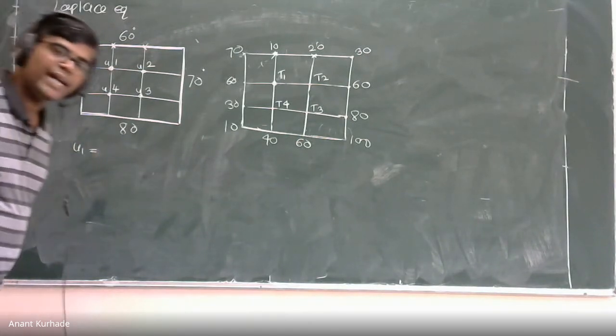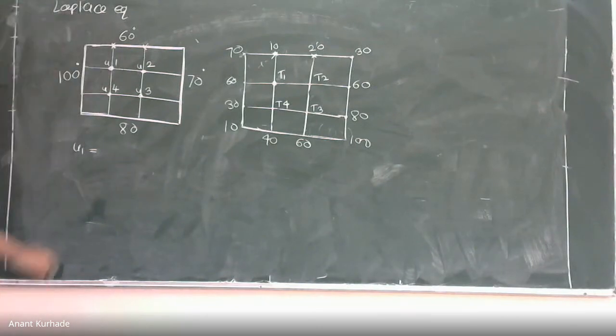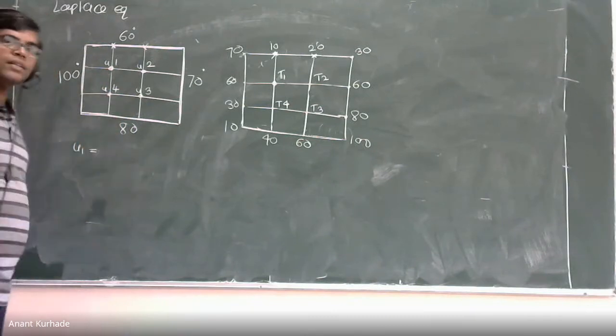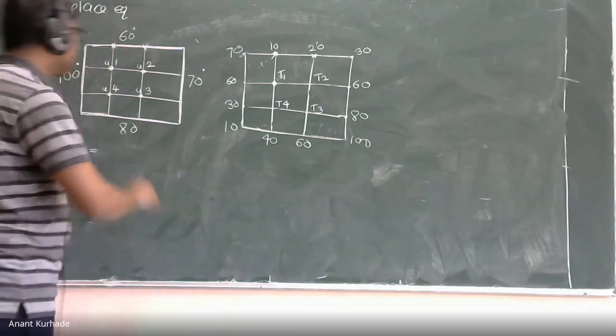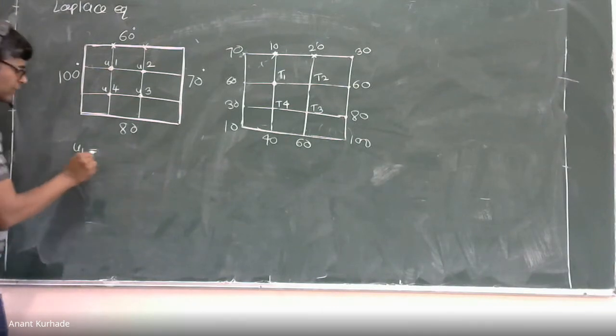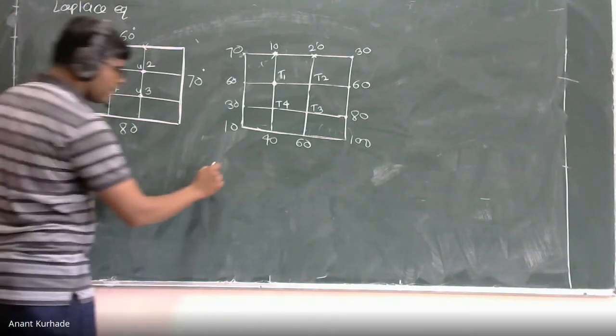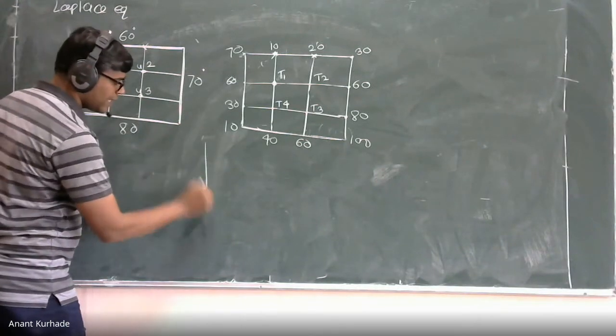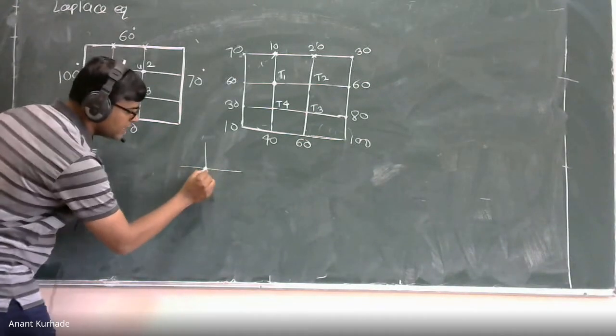We have to find U1. So see here, how many nodes are given? We have to find the temperature of 4 nodes. Now, U1. Firstly, draw this plus sign, and here is U1.